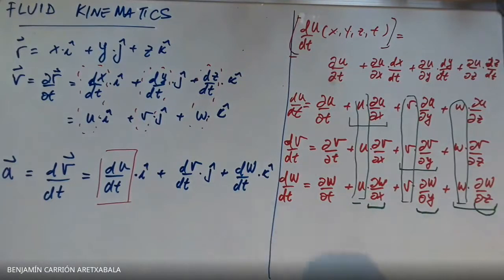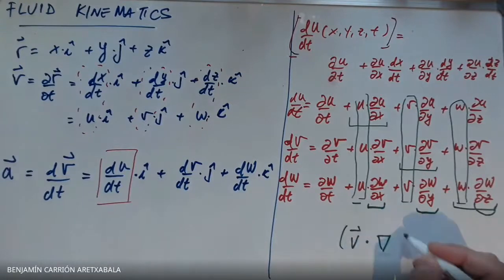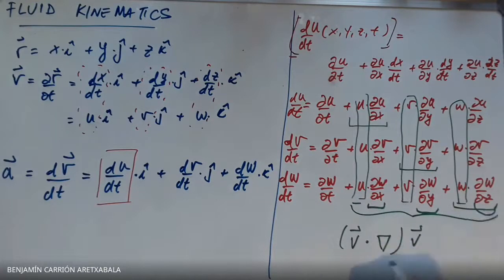So if your math is also good, and I'm running out of space, you might be able to see that this is just your vector V, in a dot product with the operator nabla applied to the vector V. So all of these three equations can be summarized elegantly as this, right?